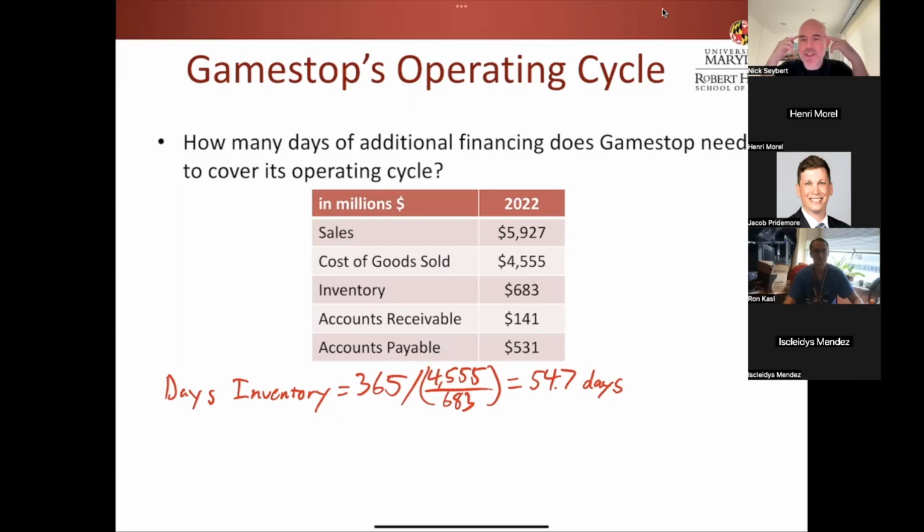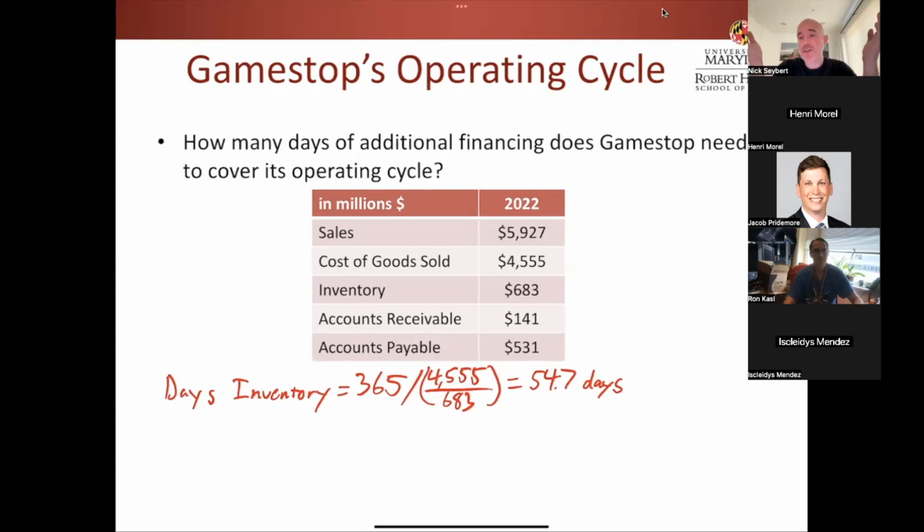So what does that mean? I think intuitively I did that right, because GameStop's inventory turnover is 6.68, I think. And if you're selling a little less than 7 times per year, this looks about right. So it's taking you 54.7 days to sell.